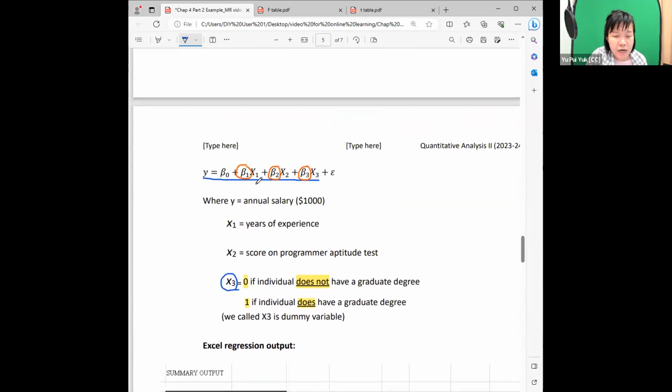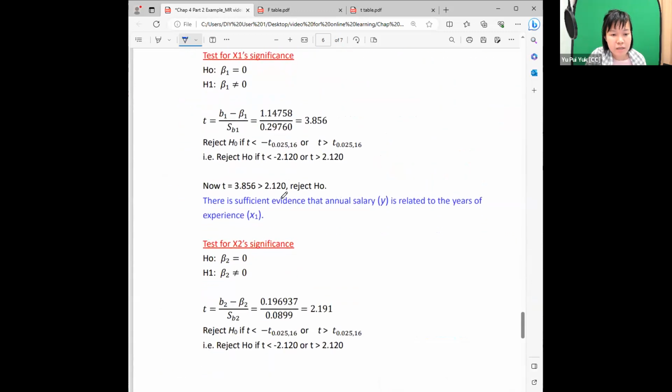This time we have to test individually. If we want to test whether x1 is significant in the regression model or not, just test beta 1 equal to 0 or not equal to 0. And so on for x2 and x3. We test them one by one.